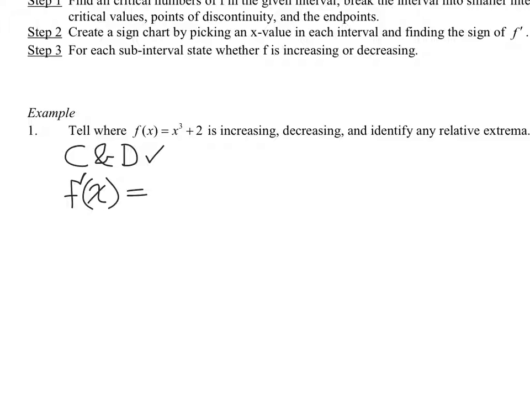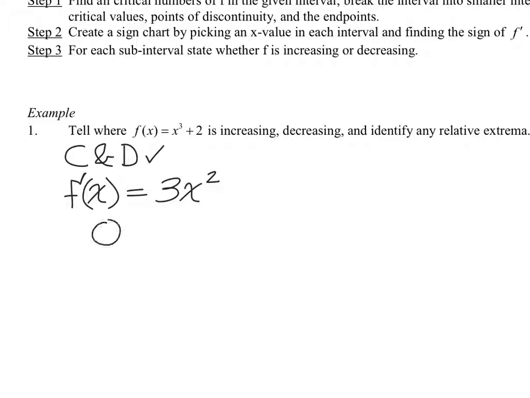So the unfortunate thing is if you have a bounded interval and you test the endpoints, and it turns out the endpoints have the same height, then you would know without doing any more work that there has to be some turning point, or at least some point where the derivative equals 0, making it a worthwhile endeavor to take the derivative, set it equal to 0, and solve. All right? In this case, it's not a big deal to do it, but if I gave you some monstrous function, you may want to vet it out first, make a determination of whether it's worth doing all that work before you start doing all that work.